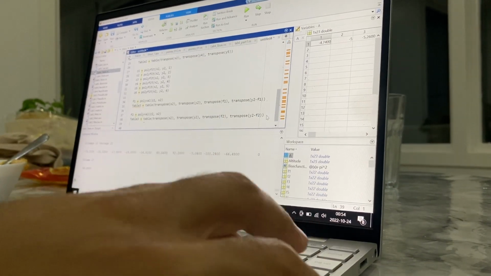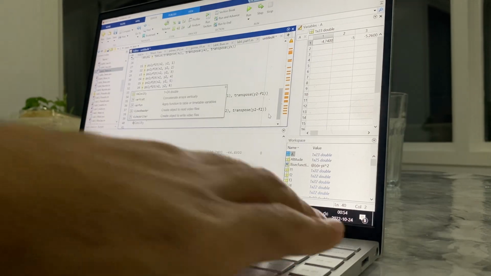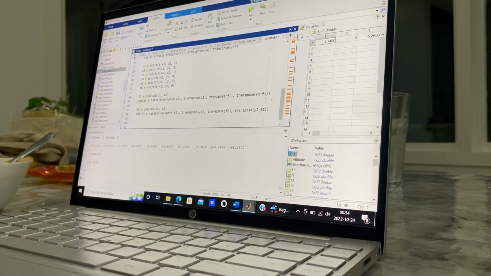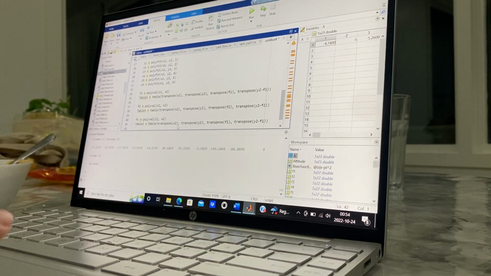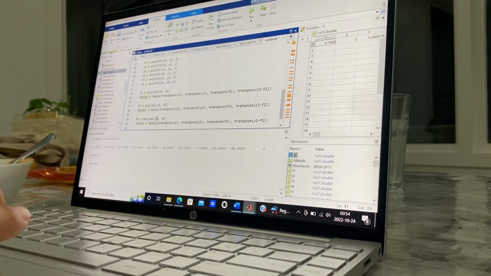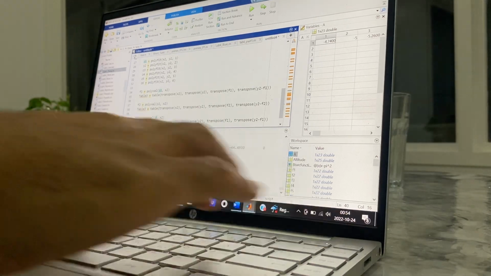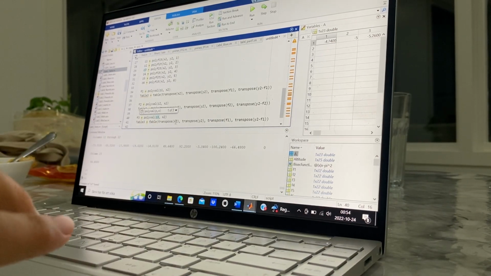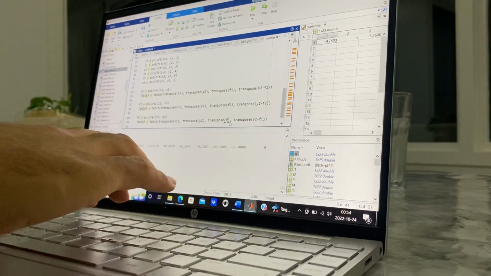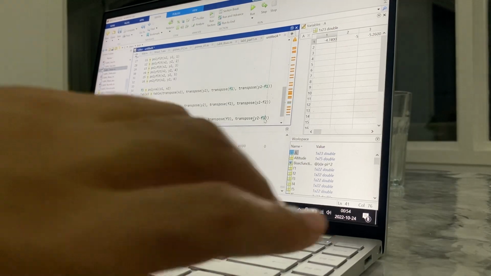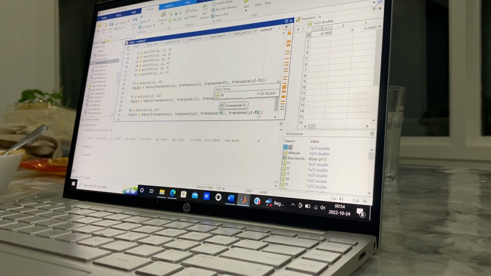Now we can go to the next table. This will be the f3. This is z3, f3, y2 minus f3.